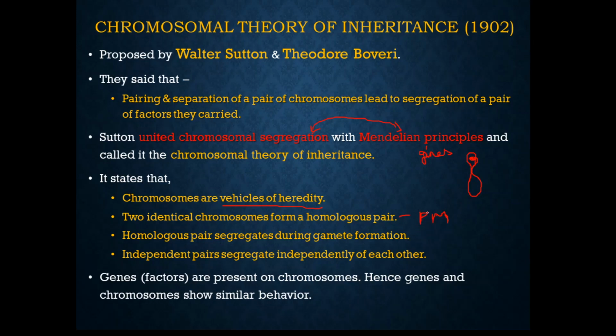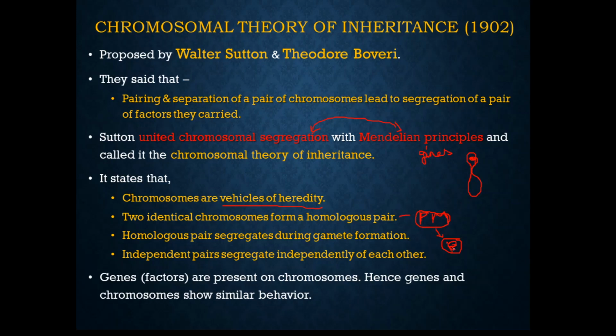Since these two are present together, during gamete formation only one chromosome out of this homologous pair enters into the gametes. This occurs during meiosis. So during meiosis, out of the two diploid sets of chromosomes, only one set enters the gametes.